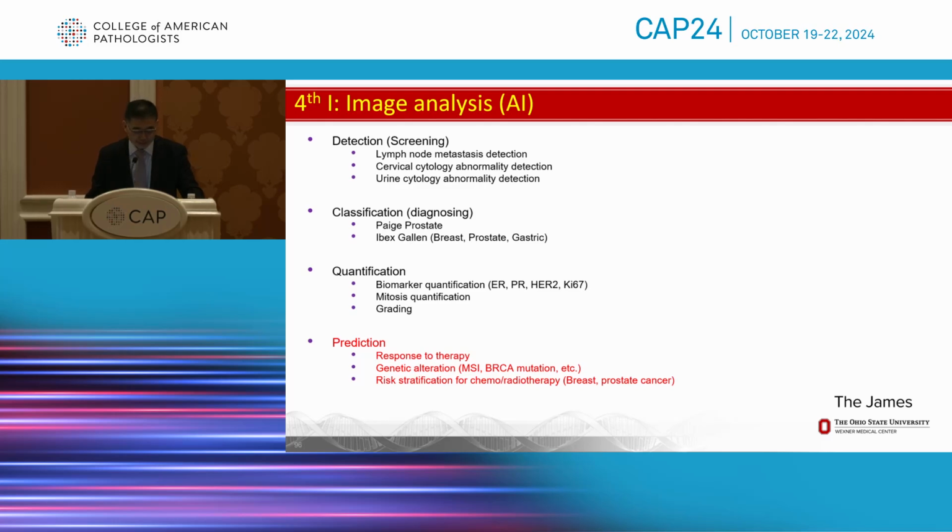And then there are tools available to stratify the risk of recurrence, similar to the Oncotype DX, in ER positive, HER2 negative, early stage breast cancer patients, to stratify them on whether they need chemotherapy or not.